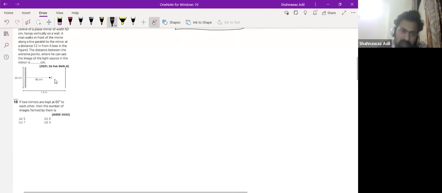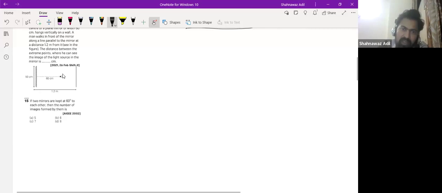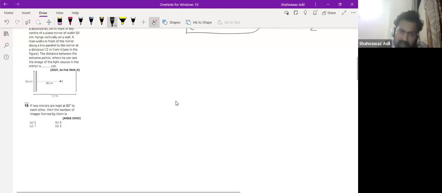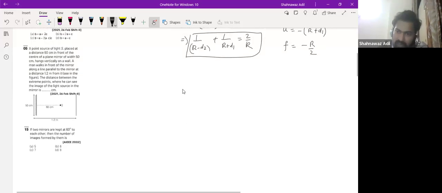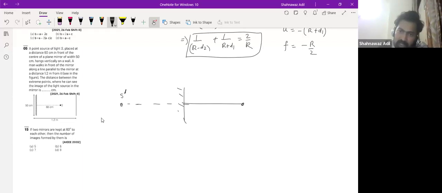I wanted to talk about this question, right? In this question, you have this mirror, and this is the object. The image will form in here. This is S prime, and you can observe this point from here.